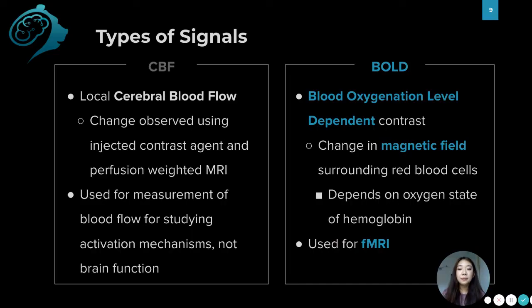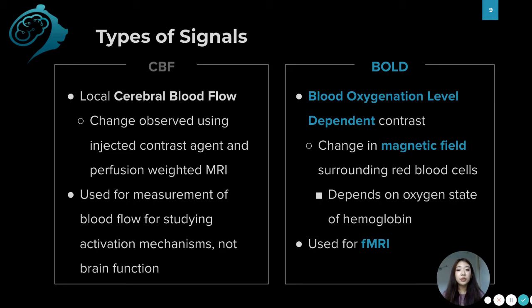So there are different types of signals that can be produced from this blood flow. There's CBF, which is local cerebral blood flow, and this is the change observed when using an injected contrast agent and perfusion-weighted MRI, which measures the relative cerebral blood volume in comparison to normal white matter. This CBF signal is usually used for measurement of blood flow for studying activation mechanisms, not brain function.